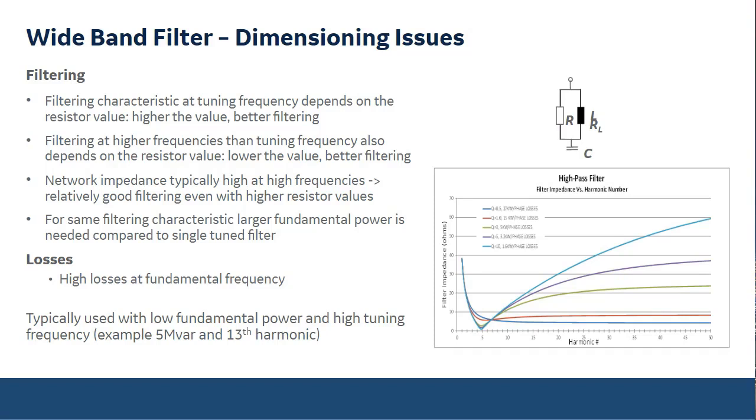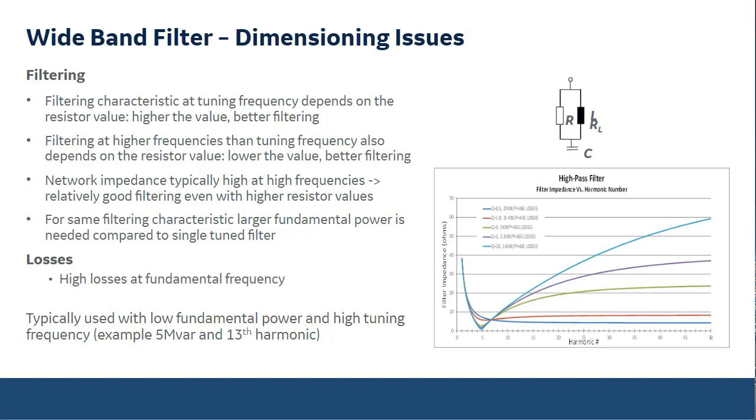So we would get something like the purple curve, which would be okay, because the filter impedance might be high at the frequency where you have the harmonics, but you also have to remember that the network impedance increases when the frequency increases. This means that it will still filter the harmonics quite well, even if the filter impedance is high.